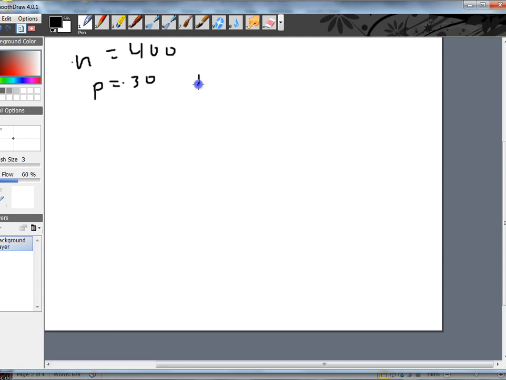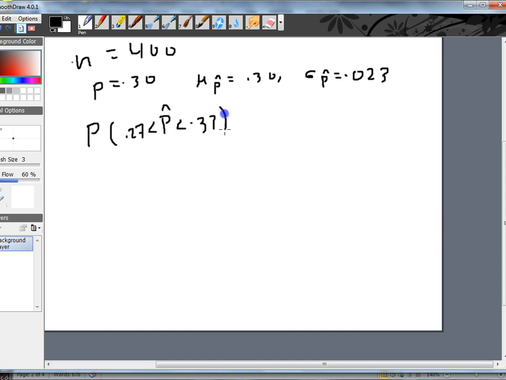We have the mean of p hat equal to 0.3 and the sigma of p hat is 0.023. That's how we calculated that, and we're trying to calculate the probability of p hat between 0.27 and 0.33. It doesn't matter whether we use an equality sign here or not because everything is continuous now.